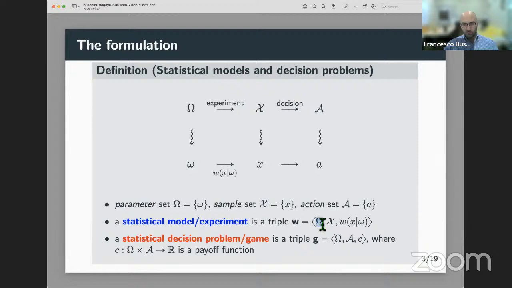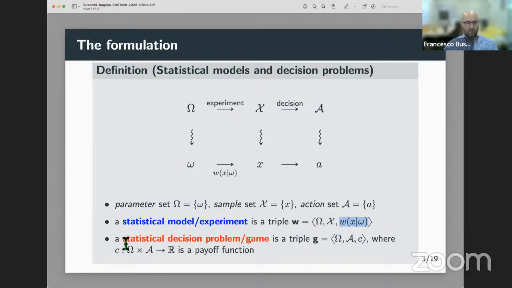I have to give you a parameter set omega, a sample set X, and also a family of probability distributions on X labeled by omega. In the case in which omega is finite and discrete, you can understand this as a conditional probability distribution.